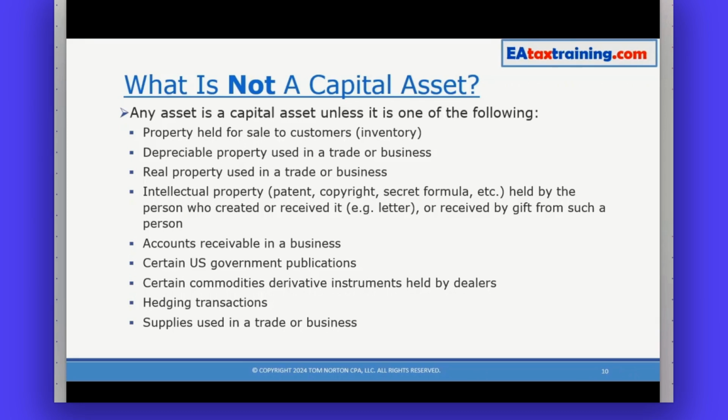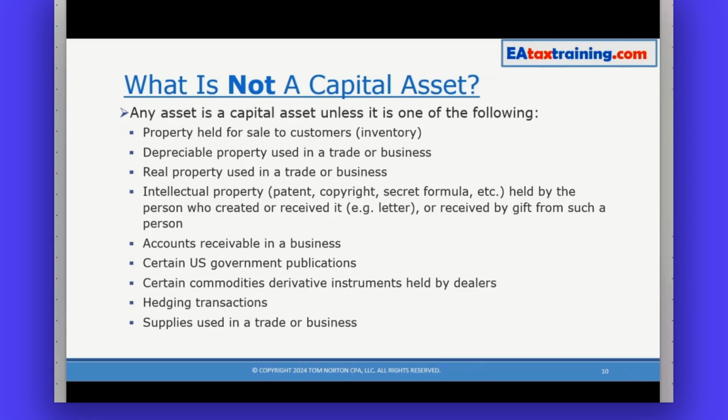Certain commodities, derivative instruments that are held by dealers, and we'll go in later and we'll talk about what a dealer means. But think of this, it's kind of like inventory. If you are a dealer in different investments, then the investments are inventory for you. And so this is saying that these commodities, derivative instruments that are held by these dealers are not capital assets.